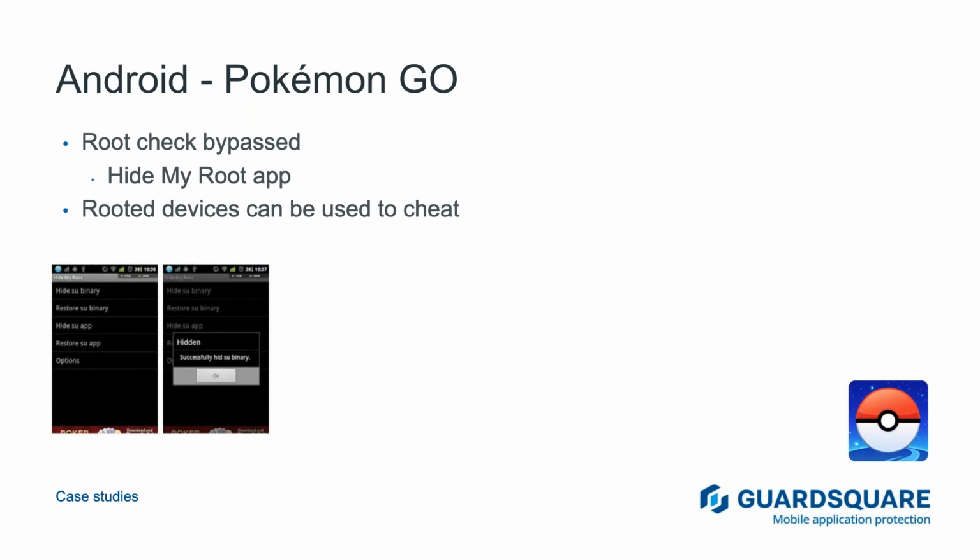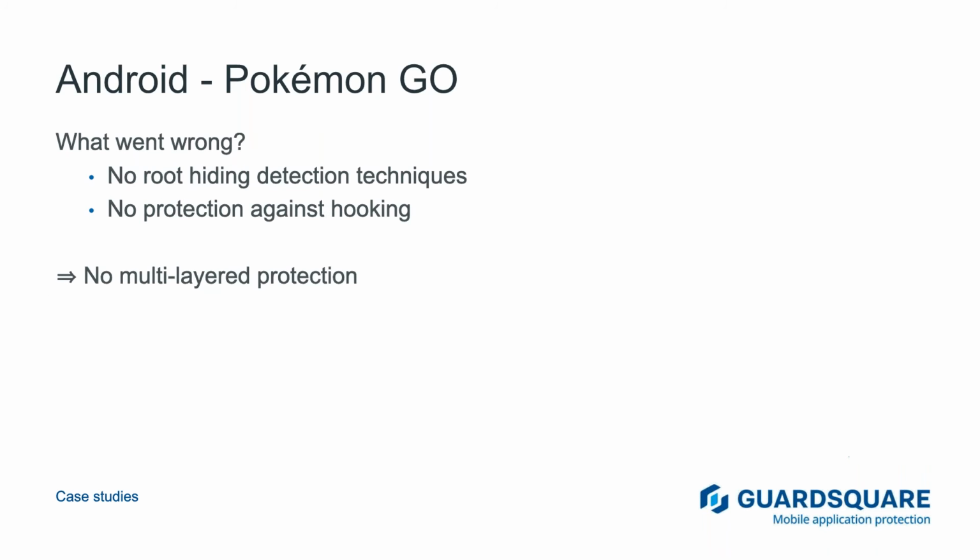Unfortunately, that was a really basic implementation, and they didn't think about implementing any root hiding detection mechanisms. So if the user would use RootCloak or MagiskHide, they could actually just keep on using Pokémon GO. Of course, since these tools use hooking in the background, they also didn't implement protection against hooking. And in general, we can again say that no multi-layered approach was taken here.